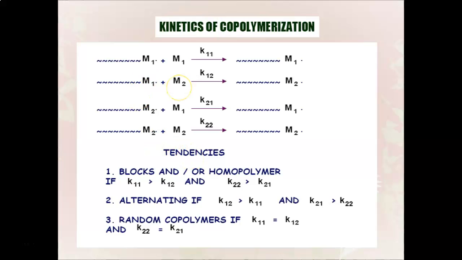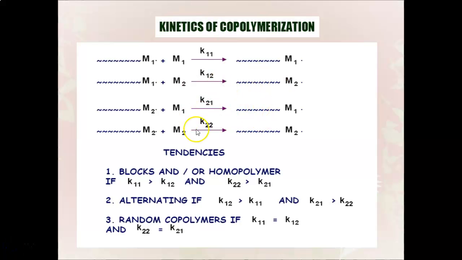K is the propagation rate constant. Actually, K11 means that it comes from monomer 1 reacting with monomer 1. K12 came from monomer 1 with the radical reacting with monomer 2. So it produces K12, and the same goes for the other kinetics.